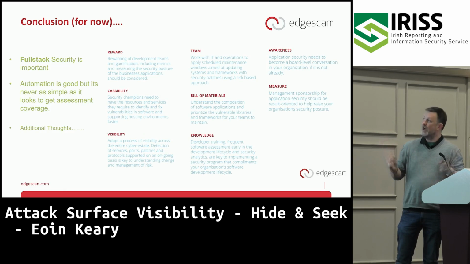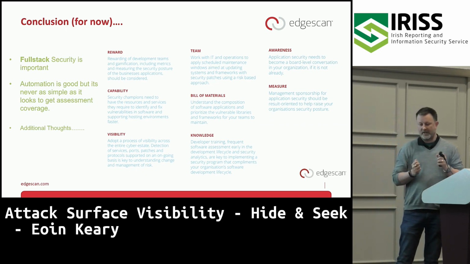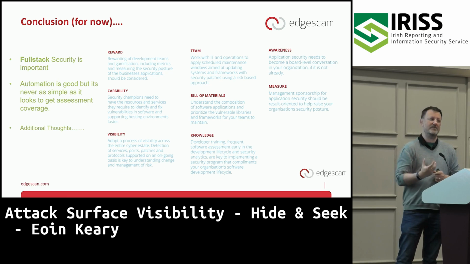Finally, to conclude for now, full stack security is something that I think should be considered, rather than just getting a pen test on an app or a server. Combining the risk profile is very important. Automation is great, don't get me wrong. DevSecOps is brilliant, I love it. But you need to understand the pitfalls of DevSecOps.